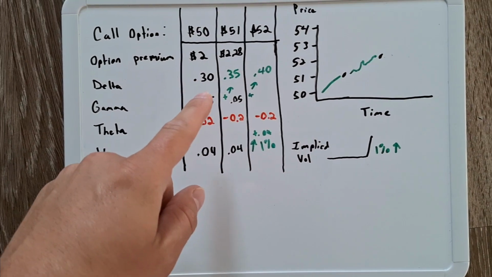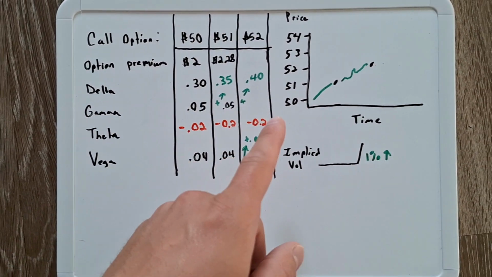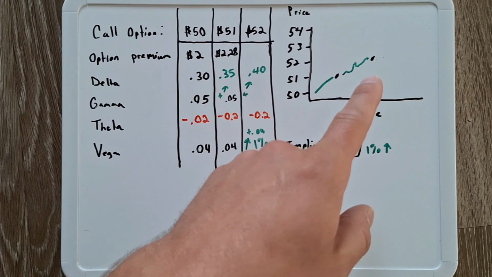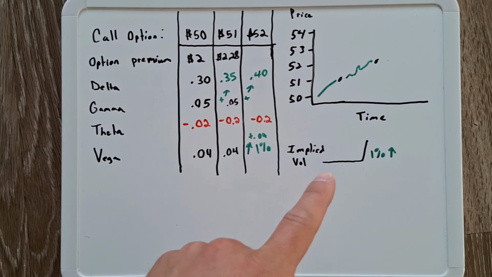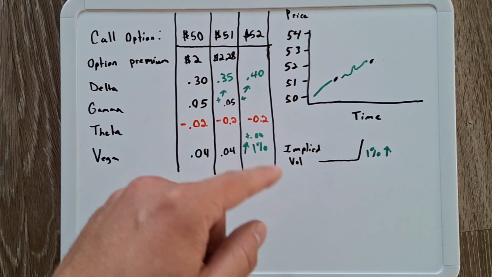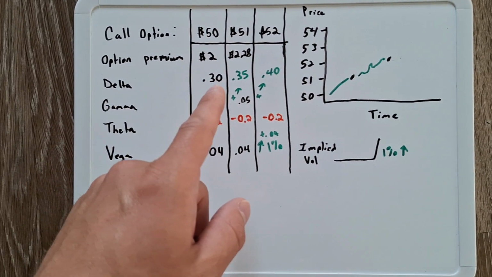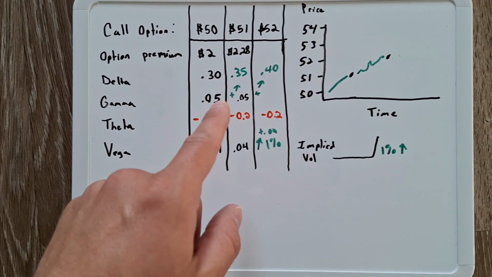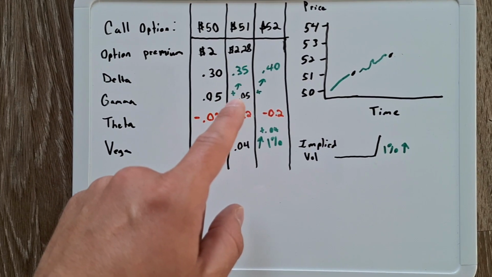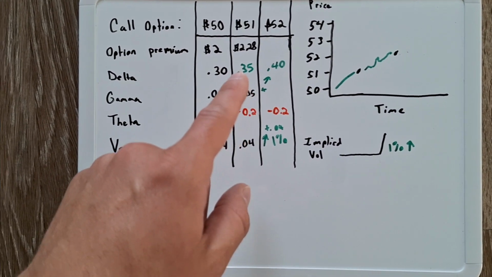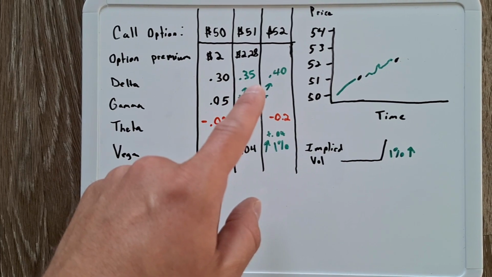Now the next day goes on and we go up by another dollar, and implied volatility increases by 1%, as we can see here. How are we going to calculate this? Well, now we have to add our gamma and our delta. So we add the 0.05 to our delta, which was 30. Now we have 35.